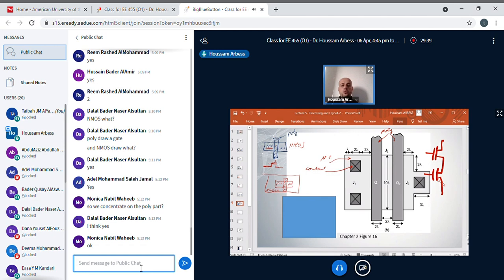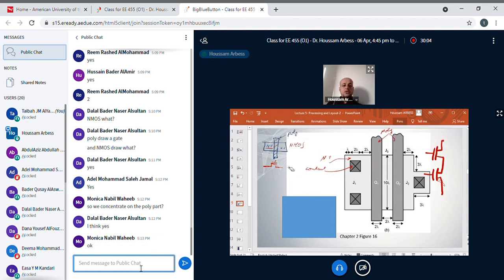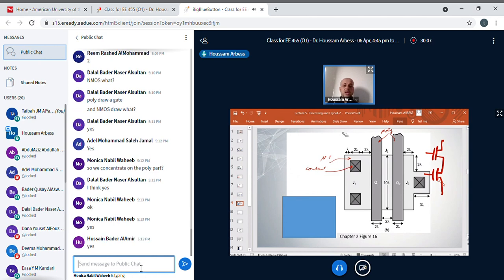Now, from the beginning of this course, we were focusing on checking the internal capacitance of all the devices. We started with the diode, then we moved to the MOSFET, and we talked a lot about the calculation of the different capacitances. Is that correct? The calculation of the capacitance is very interesting.